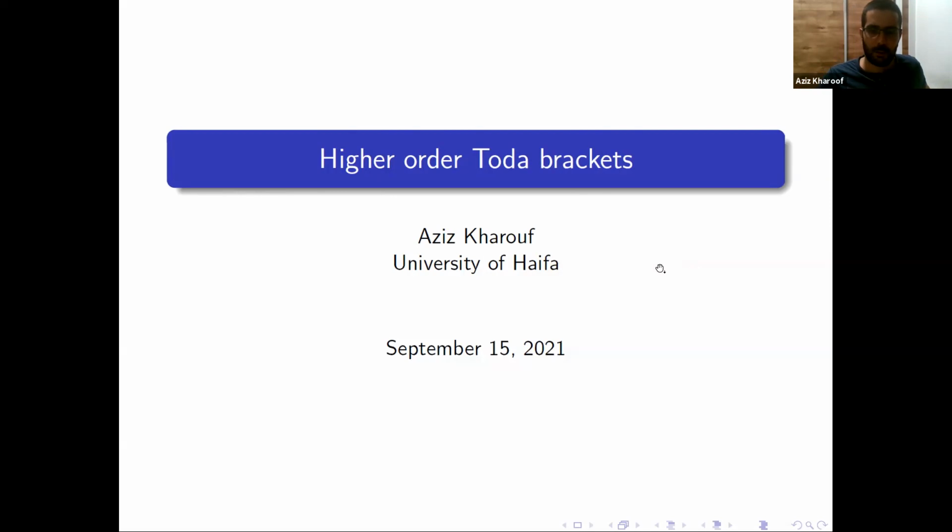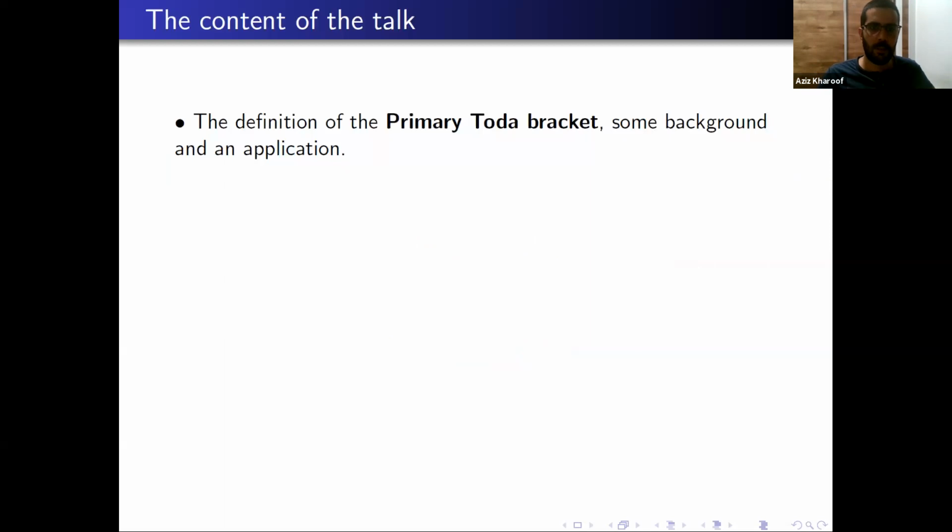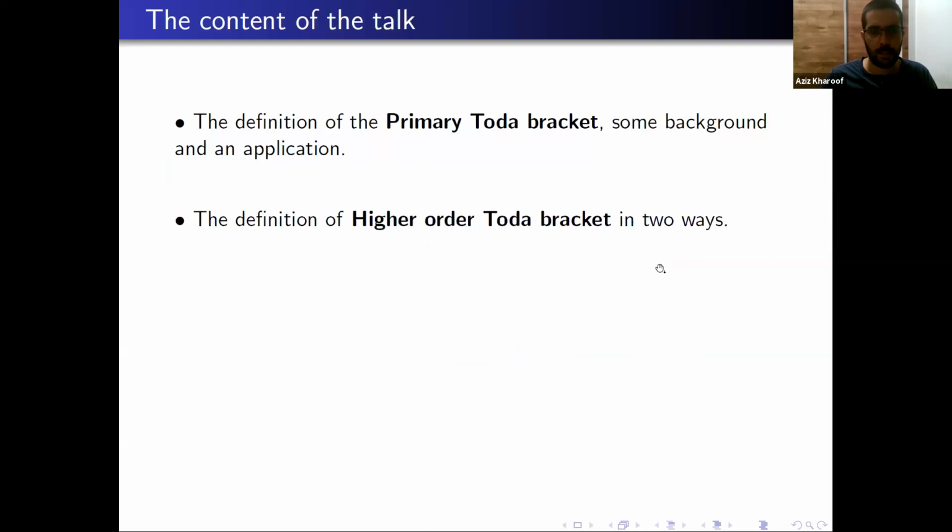Higher order Toda brackets, what's the plan today? I want to start with the ordered Toda bracket, to define the order with some background. Then the definition of the higher order Toda bracket in two ways. There are two common ways that people define the higher order Toda bracket.